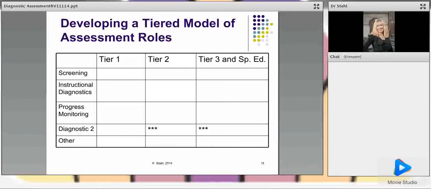These diagnostic level 2 are very time consuming to administer. And so we really want to make sure that particularly those most intense and time-consuming diagnostics are only done with a handful of children that have the most needs.